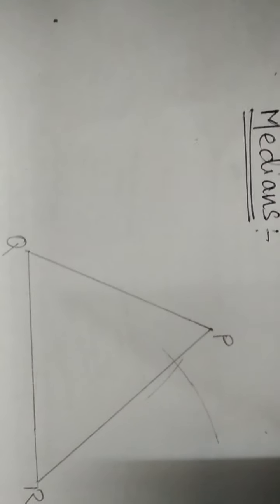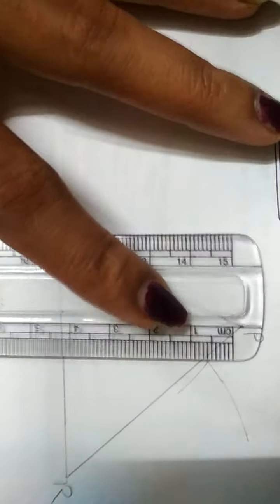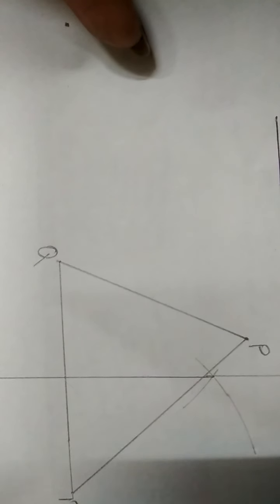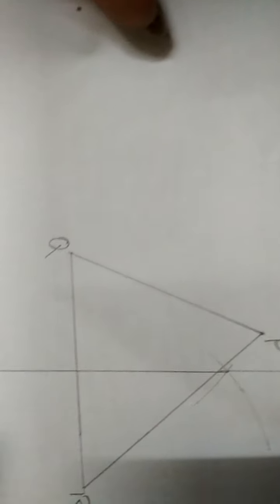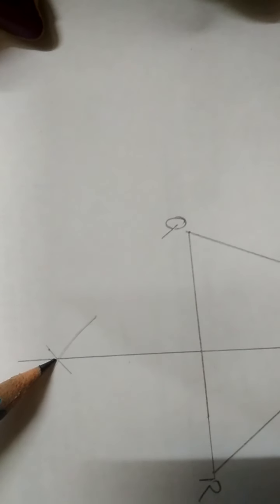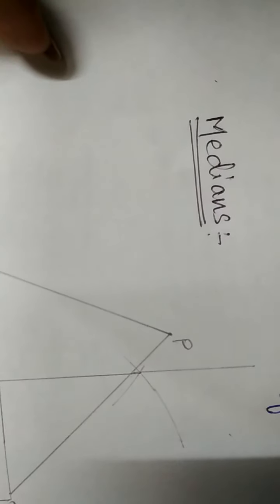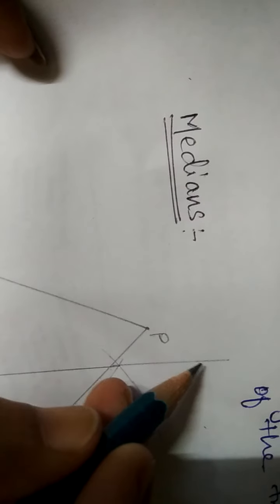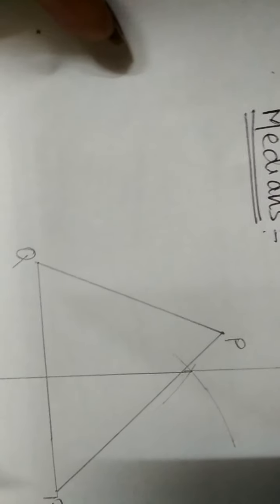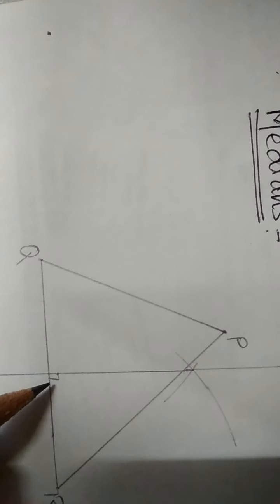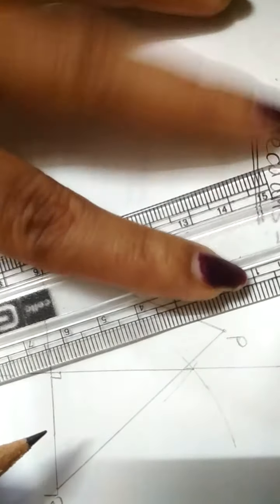Now we will join these two points with the help of the scale, and where the line intersects the base, we get the midpoint.